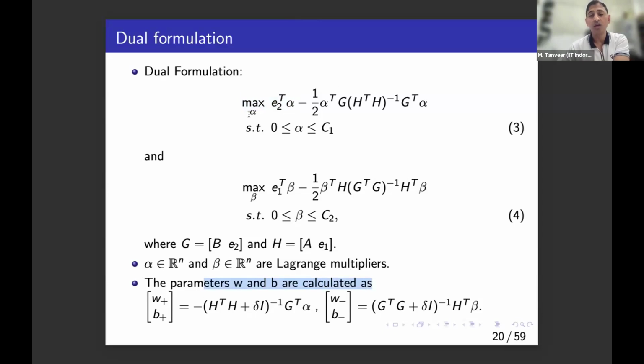Due to the incorporation of the extra regularization term in the objective functions of both problems of twin SVM, the new algorithm called twin bounded SVM is theoretically more sound than the twin SVM algorithm. And numerically also, we have seen significant differences.